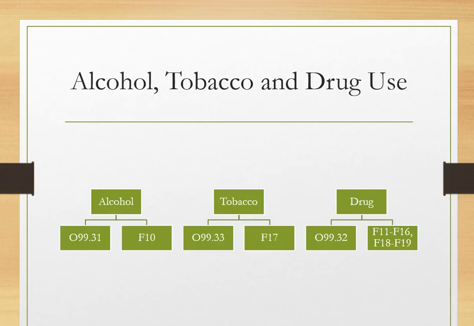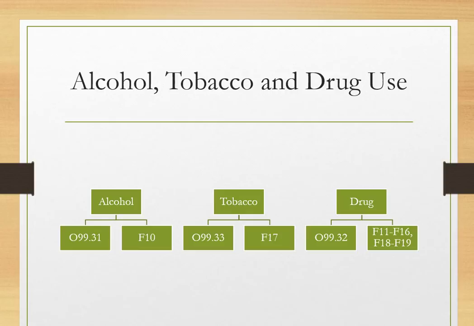All right, next up, alcohol, tobacco, and drug use. Now, the way ICD-10 is set up, it's so structured. I love ICD-10. We have codes that identify alcohol O99.31, tobacco O99.33, drug O99.32, use in a patient that's pregnant.